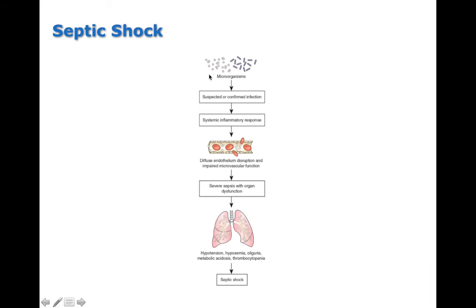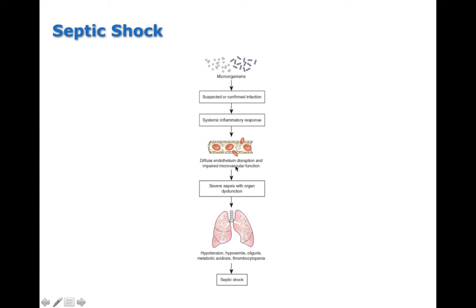So with septic shock, we see that microorganisms could enter the bloodstream. And so once in the bloodstream, it can lead to basically an inflammatory immune response that leads to the release of inflammatory mediators like interleukins. And these actually have an effect on your brain because it's going to increase basically body temperature to make it less hospitable for these microorganisms.